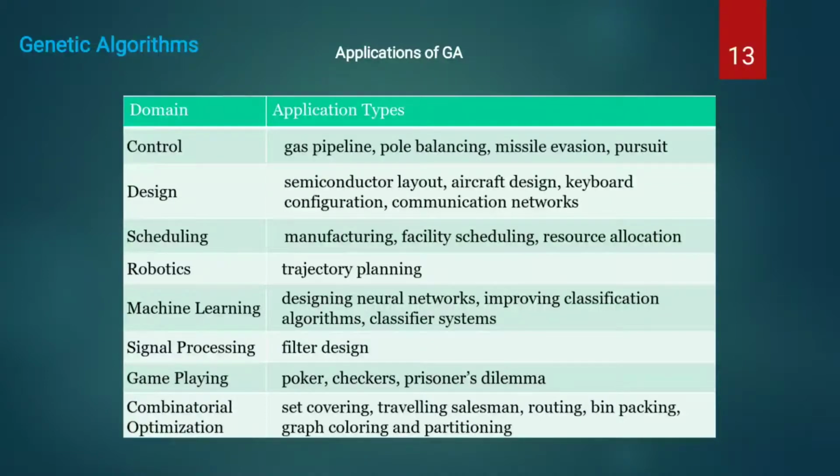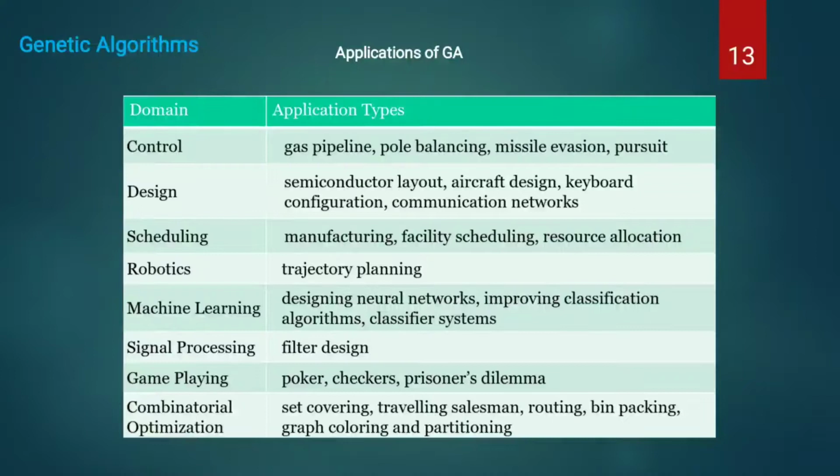And also, we have some applications of GA. We have some fields and domains: control of gas pipelines, semiconductor layout design, aircraft design, scheduling, manufacturing, robotics.